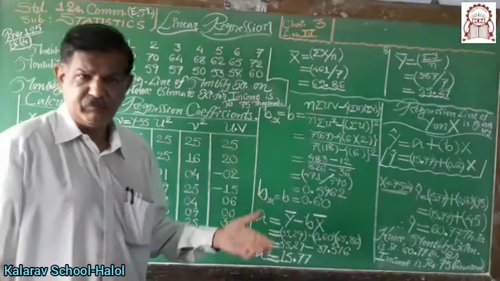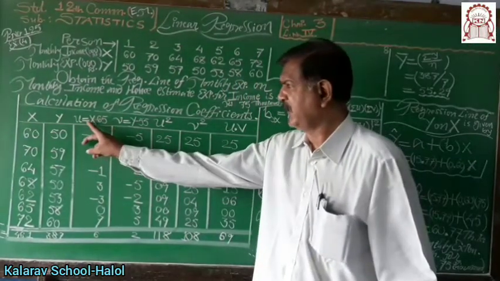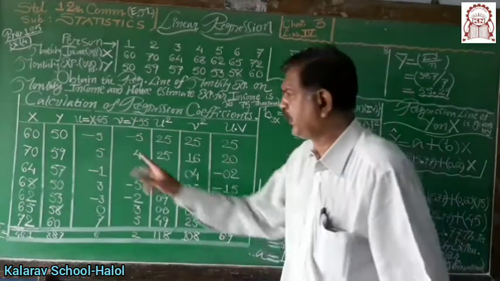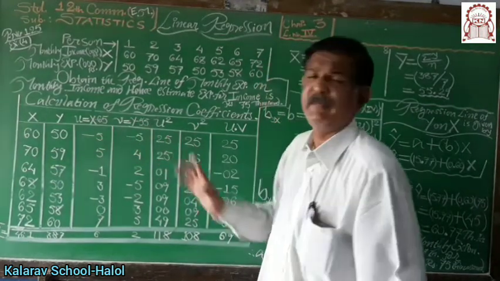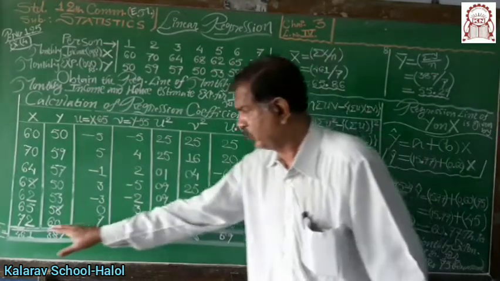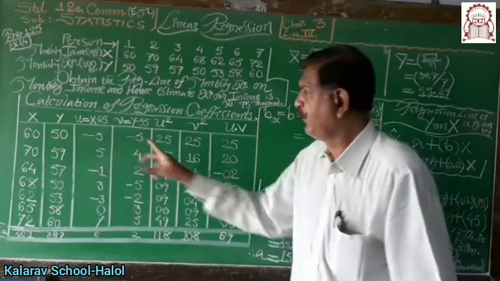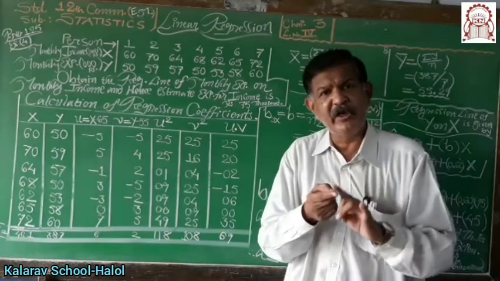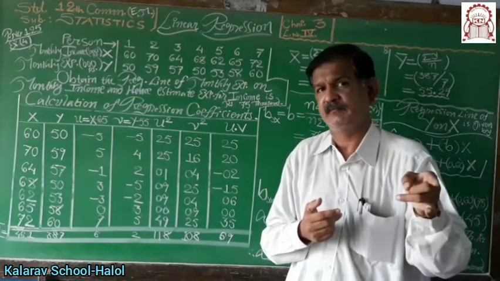Here in this table we have subtracted 65 from the series x and 55 from the series y. Not necessarily do you have to take 65 and 55. You may take 60 and 60, you may take 50 and 50 also. The final answer would remain the same. The totals may change, but the final answer remains unchanged. This means regression coefficients are independent of change of origin.